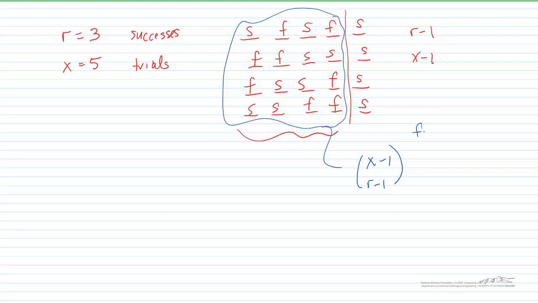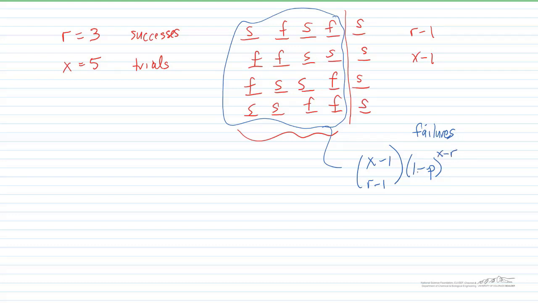This is similar to the binomial distribution, but let's first look at the failures. The probability of failure is 1 minus p. If there are r successes in x trials, then there are x minus r failures.